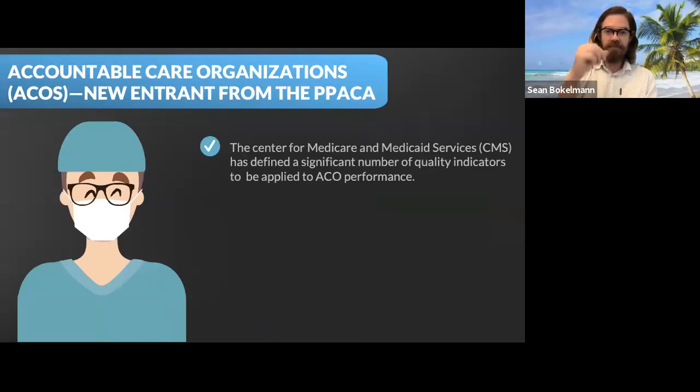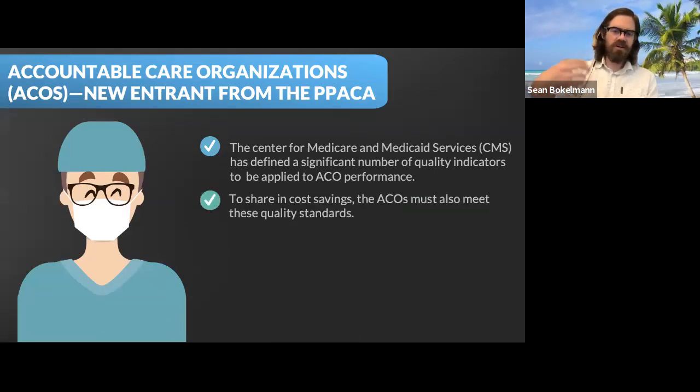But this is something that is regarding Medicare and Medicaid. The Center for Medicare and Medicaid Services has defined a significant number of quality indicators used to analyze or evaluate these ACOs' performance. And in order to share in the cost savings, the ACO has to meet those standards of quality.